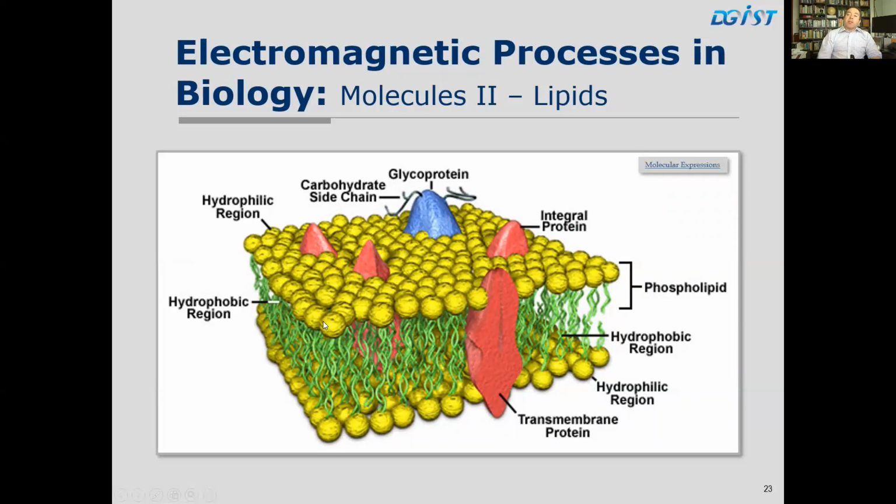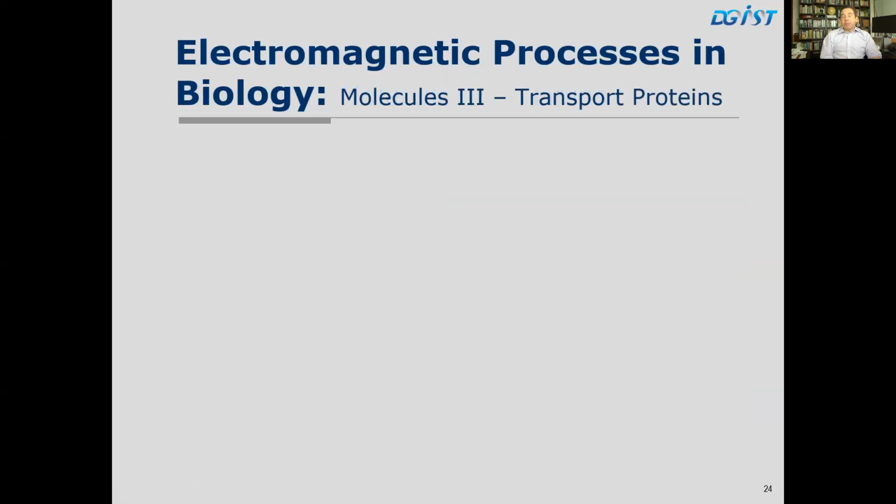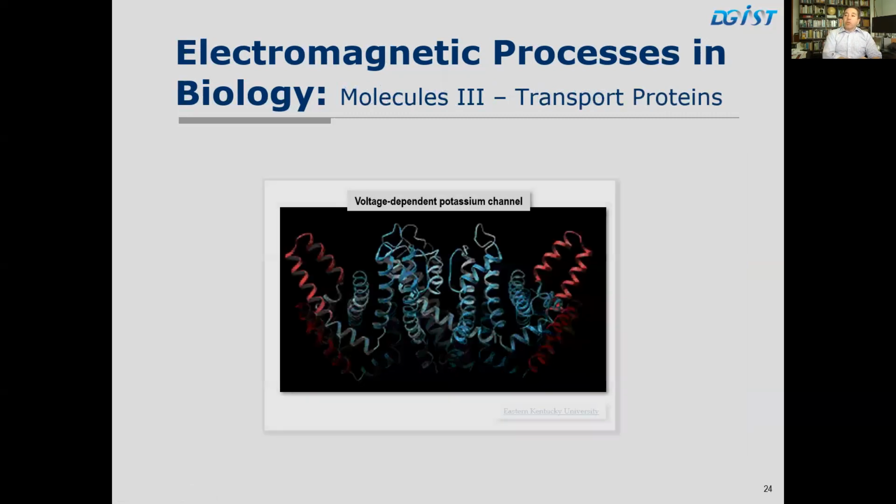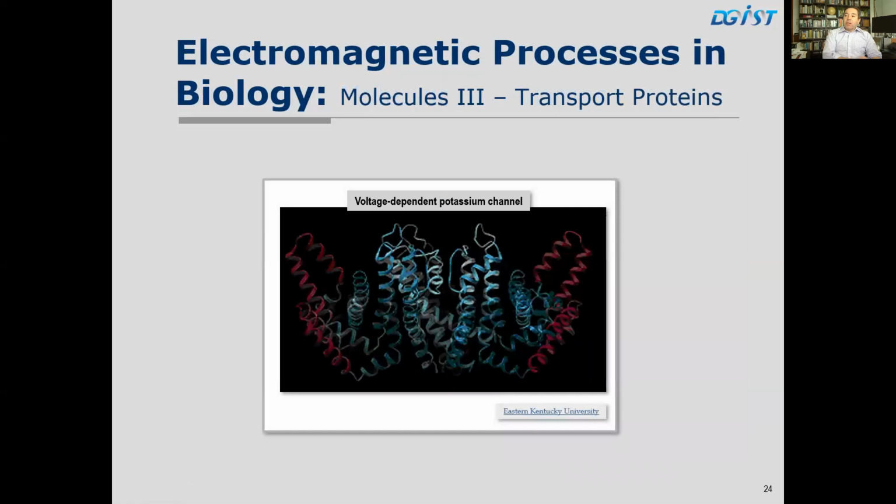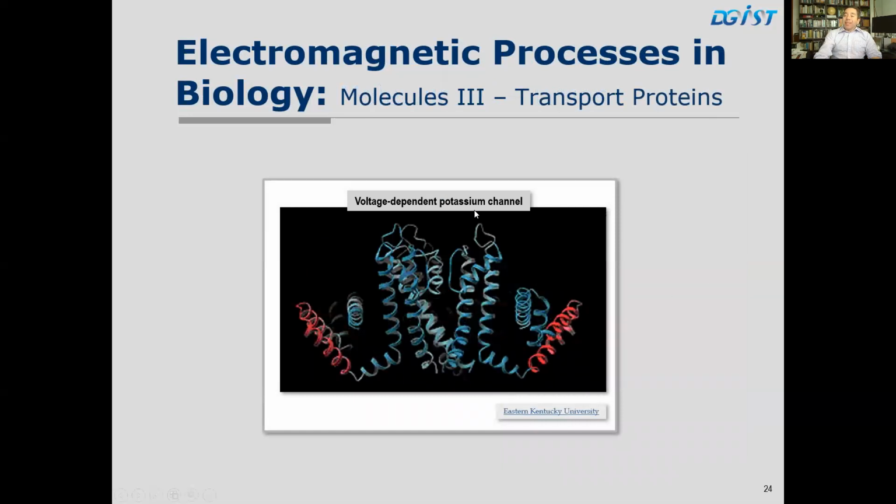Embedded in these membranes are various proteins, and these proteins are transmembrane proteins, integral proteins, and on the surface of the cell, they will often have carbohydrate or sugar side chains called glycoproteins. One particular example of molecules or proteins in this lipid are transport proteins. You can see here a voltage-dependent potassium channel.